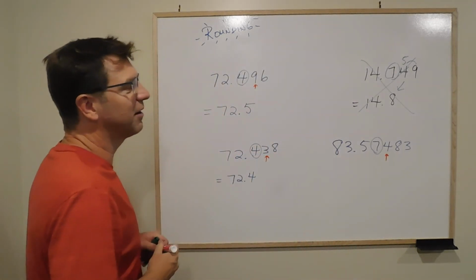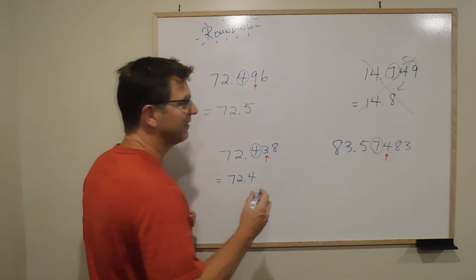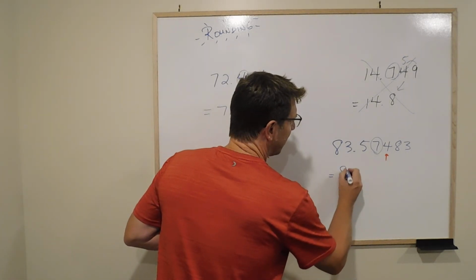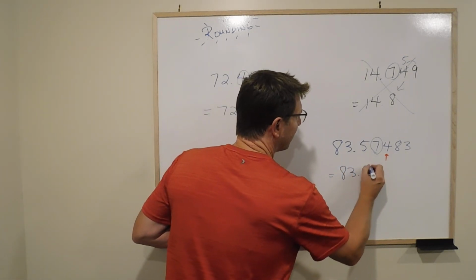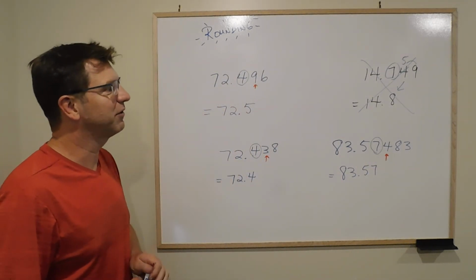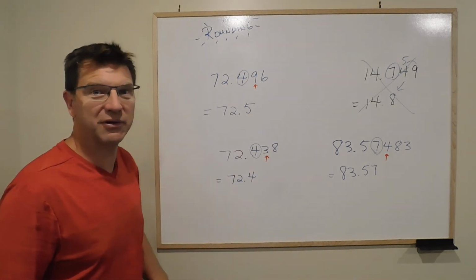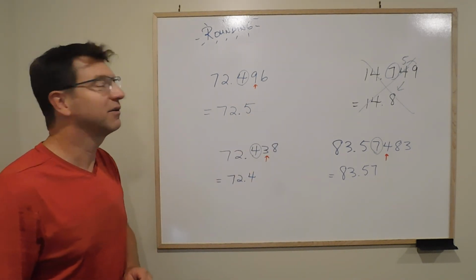And since that number is not 5, 6, 7, 8, or 9, it's less than 5, my answer would be 83.57, and the rest of them would just go away. So just be careful with your rounding. I know it's something that we're all familiar with, but don't work real fast and make mistakes on the assignment.